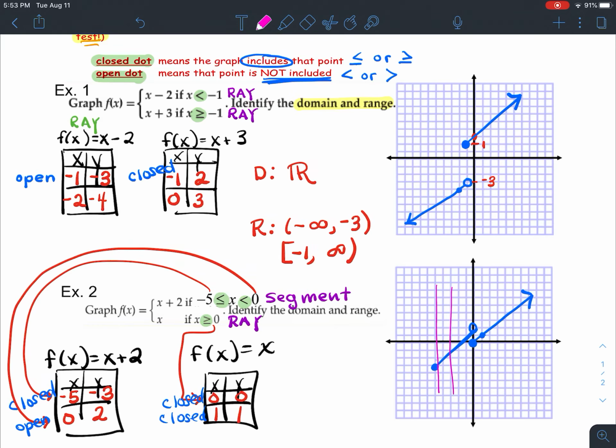Remember, your final graph should always look like it passes the vertical line test. So I'm just going to demonstrate this here for you. I could draw vertical lines all the way through here and they would only touch the graph in one point. Even right here, it's only touching at one point. Because remember, this was open, so there's not really a point there.